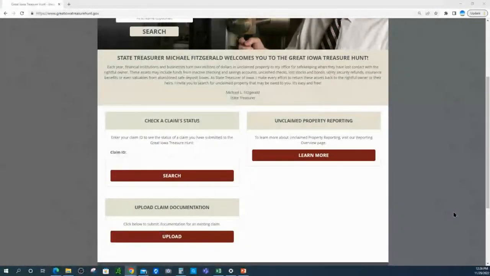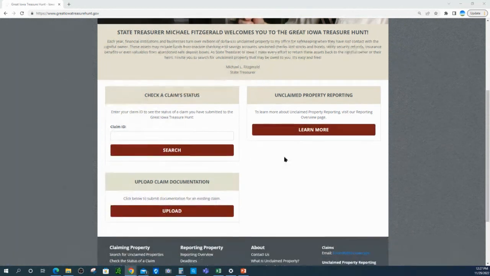If the employer has unclaimed property, which a paycheck that has not been cashed would be considered, then they would report it using this website, and they would have to send the funds off to the state. Again, it doesn't belong to the employer. I'm sure there are a lot of employers out there that just decide they're going to keep it. It's not their money. So they would report it here.